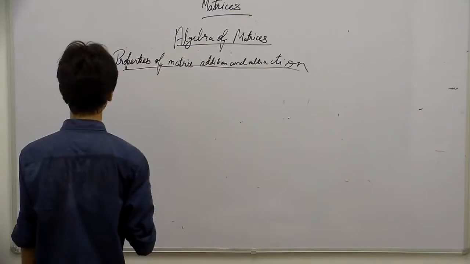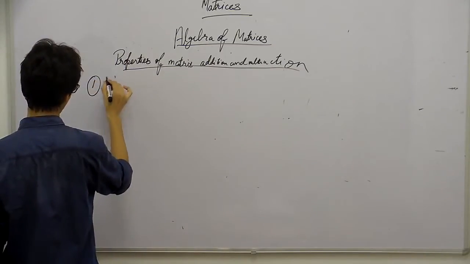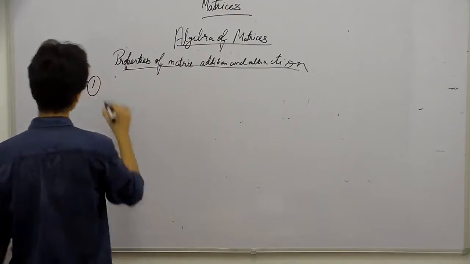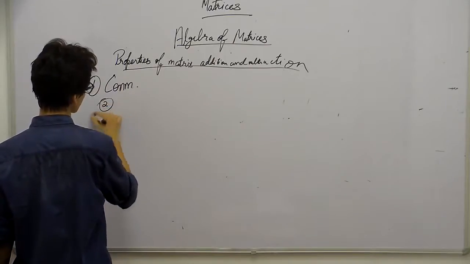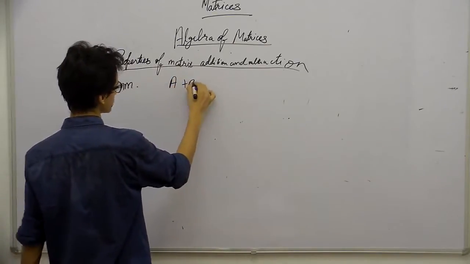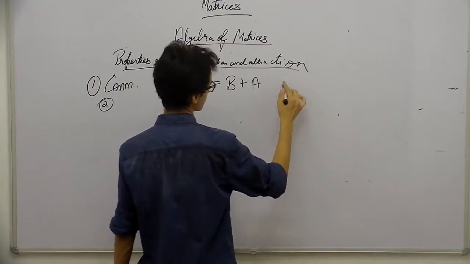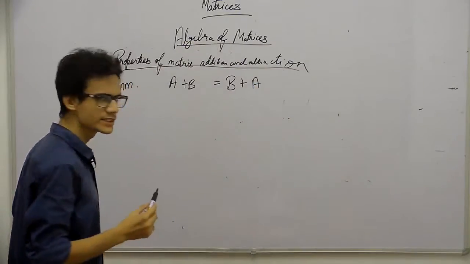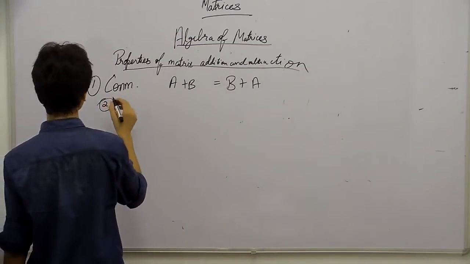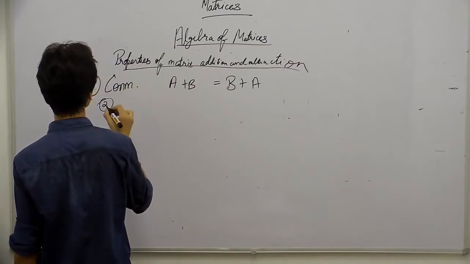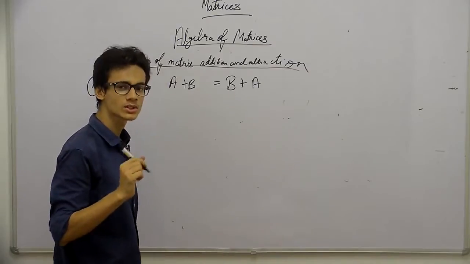Other than that, one property is that addition and subtraction of matrices is commutative. So A plus B is equal to B plus A. The addition and subtraction of matrices is also associative.